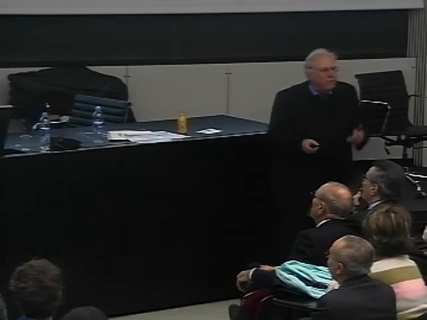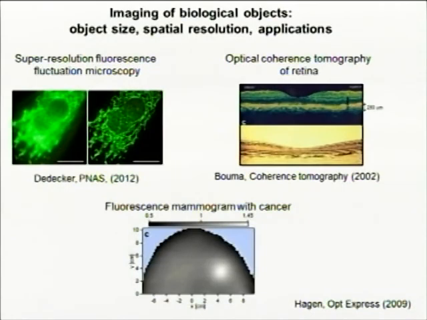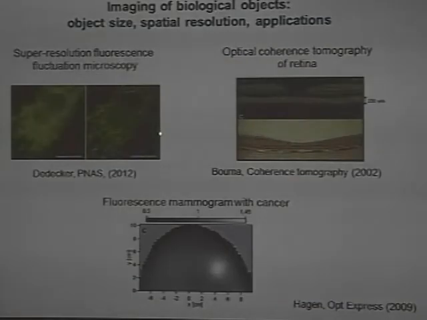To bring my talk into relation with medical imaging, I show you 3 objects of different size imaged by different techniques at different spatial resolution. Here you see a super resolution fluorescence image of a HeLa cell genetically engineered to express a photoswitchable fluorescent protein.